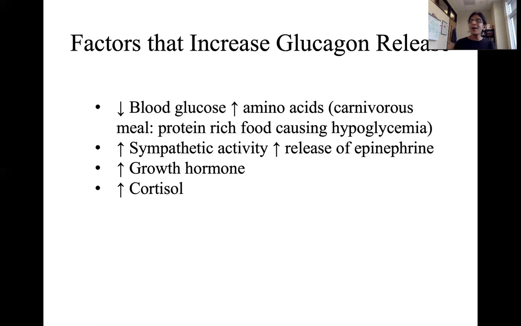So a number of hormones all come together to make sure that there is a sufficient amount of glucose in the blood to prepare the body to cope with stressful conditions, stressful situations. Okay, so those include cortisol, growth hormone, epinephrine, all of those promote the effect of glucagon.